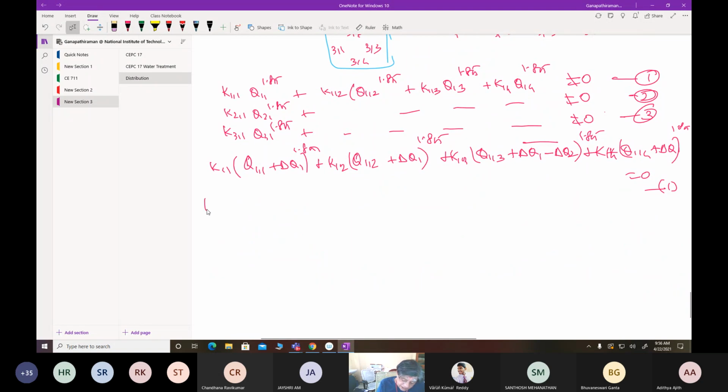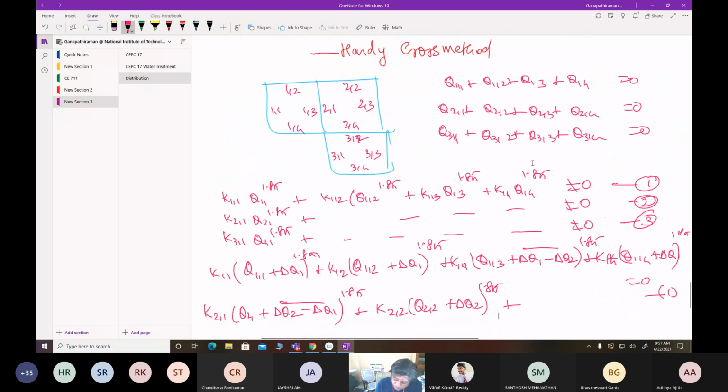Similarly, equation number 2 is K21 Q21 plus delta Q2 minus delta Q1, the whole thing to the power 1.85, plus K22 Q22 plus delta Q2 to power 1.85, plus K23 Q23 plus delta Q2 minus delta Q1 to power 1.85, plus and so on, equal to 0.